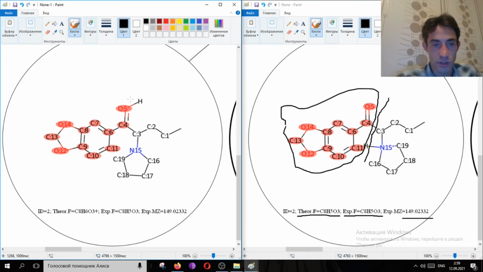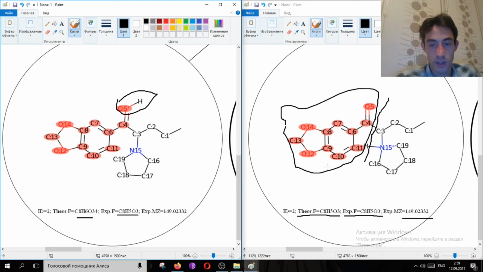If oxygen is protonated, then you can see that theoretical and experimental formulas do not coincide. But if nitrogen is protonated, then theoretical and experimental formulas do coincide.